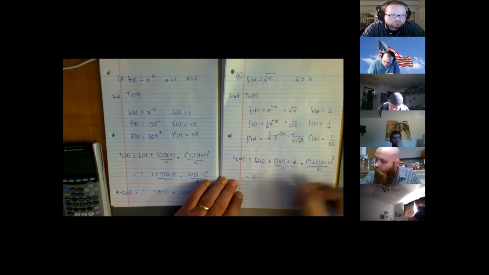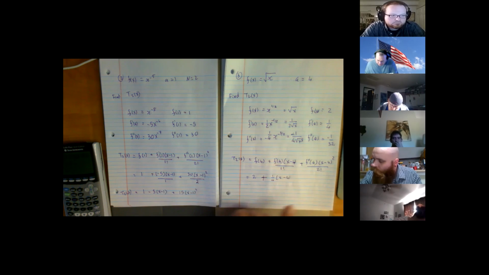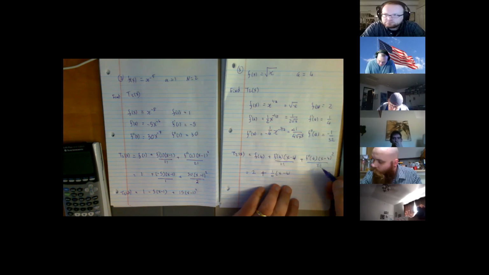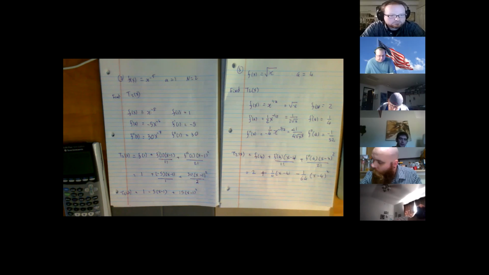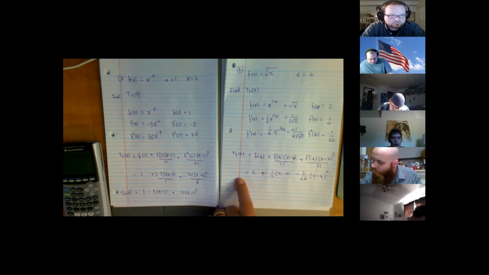That's a 2. This guy's a quarter over 1, so you just get a quarter of this fella. This guy's negative. This is 2, so you're going to eventually get that fella. And that's T2 of x.